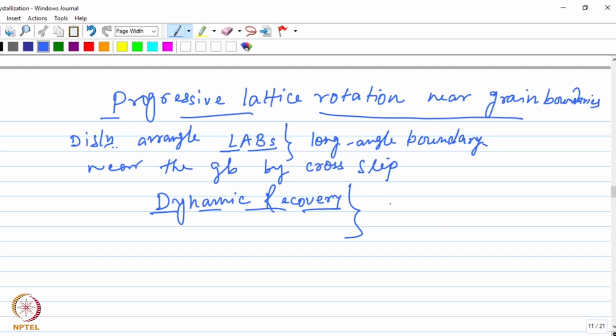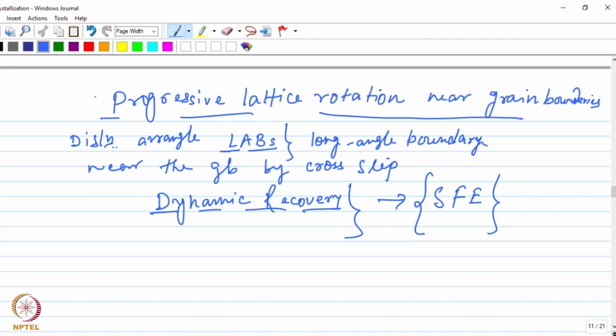And for this particular phenomenon, stacking fault energy plays a major role, right? Because for the dislocations to be arranged in such manner, they will have to cross slip. And for cross slip, you need a high stacking fault energy, right? So this is something we have discussed before also. So dynamic recovery is a process through which the dislocations arrange themselves into low angle subgrain boundary kind of configurations, and stacking fault energy plays an important role in this particular process.